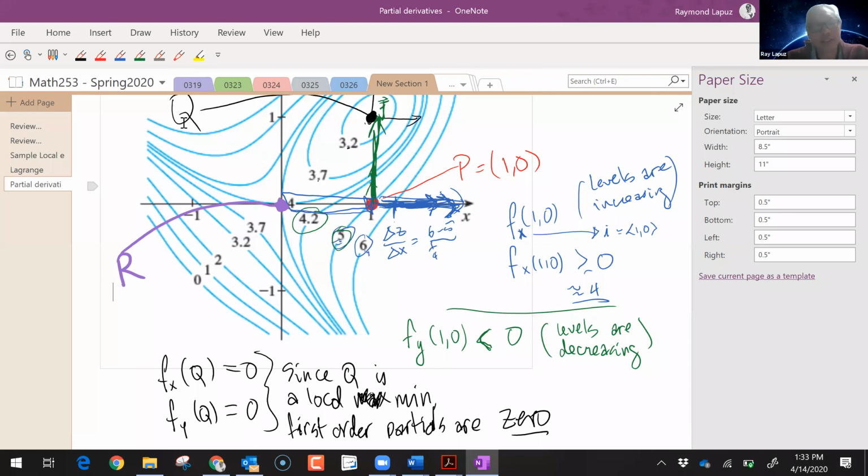Actually, no, that's not a good thing to do. I'm not going to ask you questions about this anyways. I was going to say it's tangent and it's also perpendicular, but it's a saddle point. And so I think your derivatives are going to be 0 again because they're going to be critical points. So why don't we just say that?